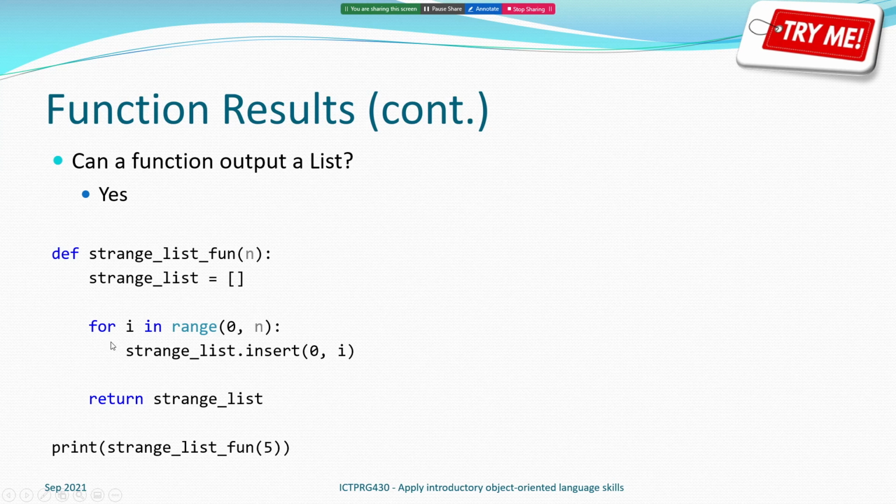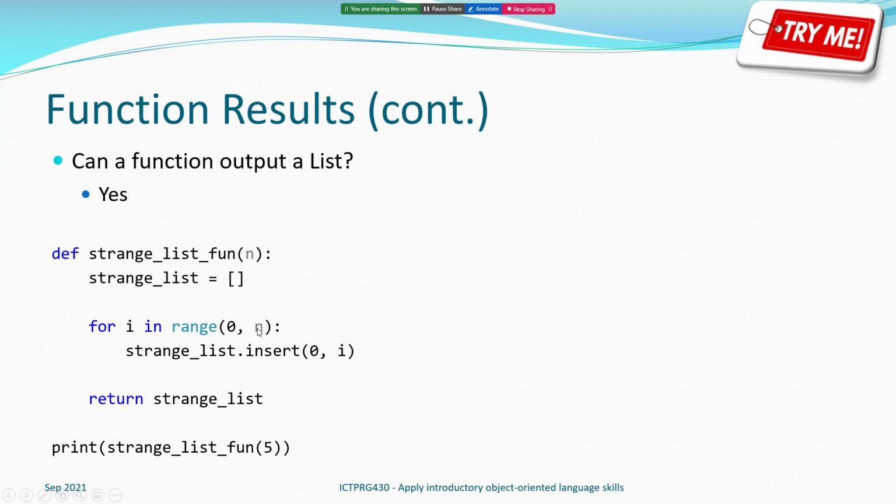Then we're creating a for loop for n times, so we're 0 to 5. And we're going to insert, at 0, the value of i.